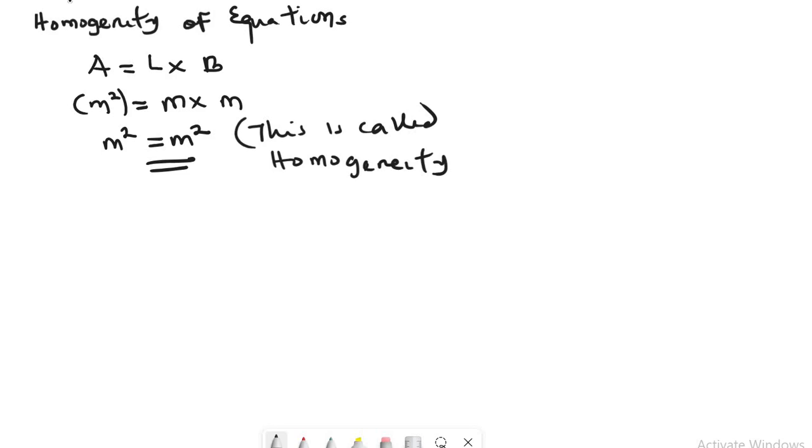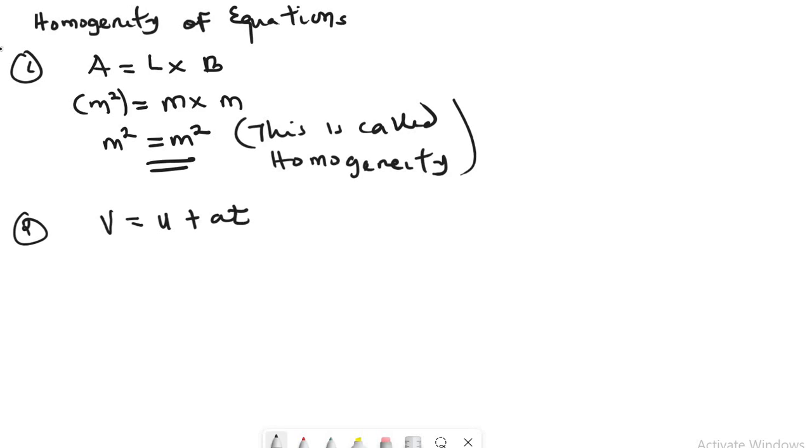So when an equation in terms of physical quantity is mathematically balanced, the left-hand side is equal to the right-hand side. But it's a bit different when we are trying to prove an equation with addition or subtraction sign. For example, the first equation of motion, V equals U plus AT.